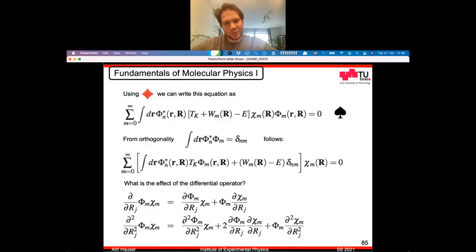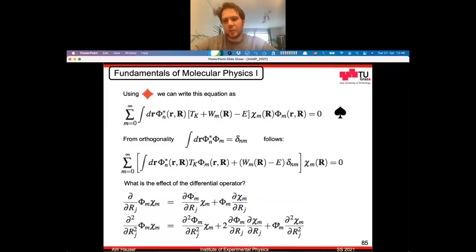We have a second derivative of the electronic wave function with respect to the nuclear coordinates times our chi m. Then we have a mixed term, which is derivatives of our phi and of our chi. And finally, a term where we only have a second derivative of our coefficient chi multiplied by the electronic wave function of the mth state.